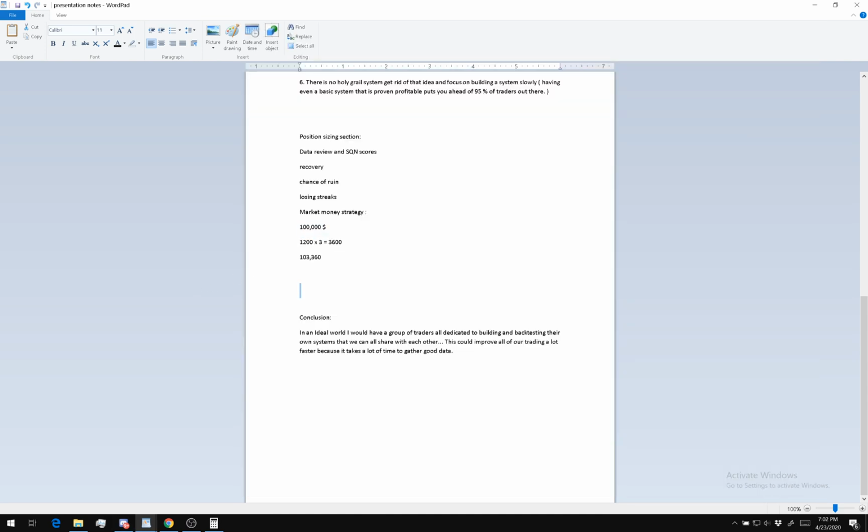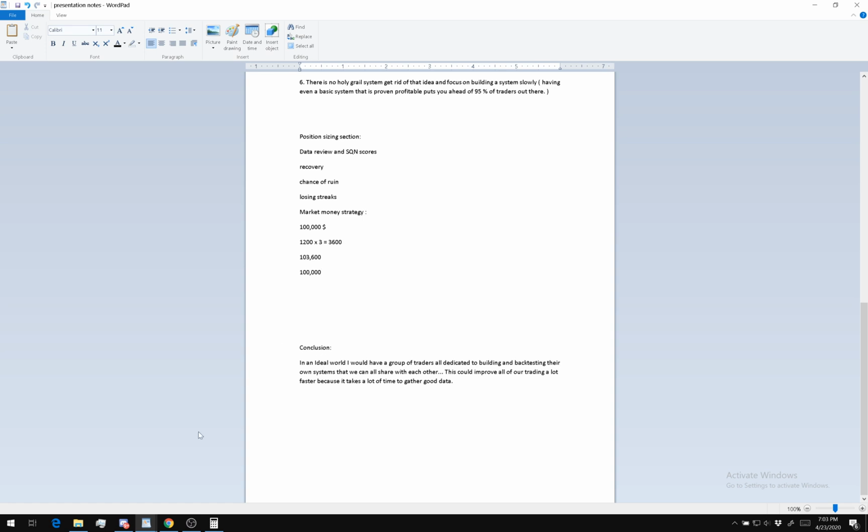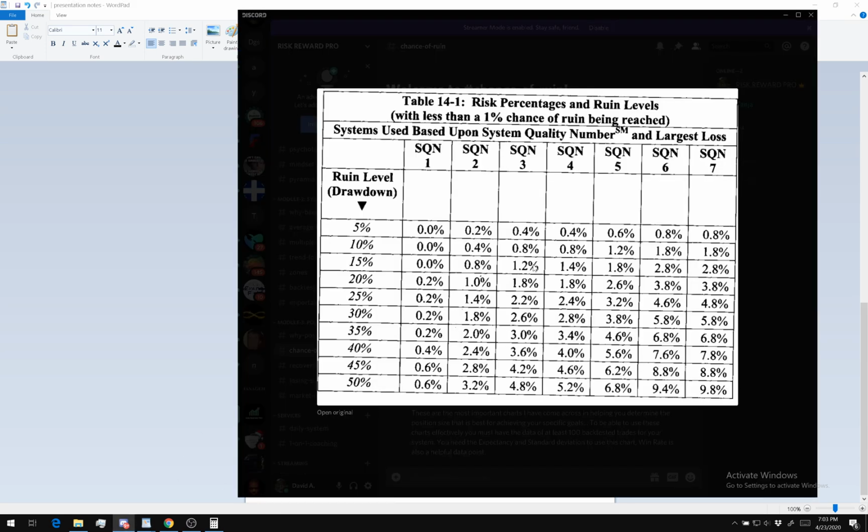But as we go up in our account value, we can now risk more. Now, why is that? Because if we do go back down to $100,000, we have to go back to this original percentage.